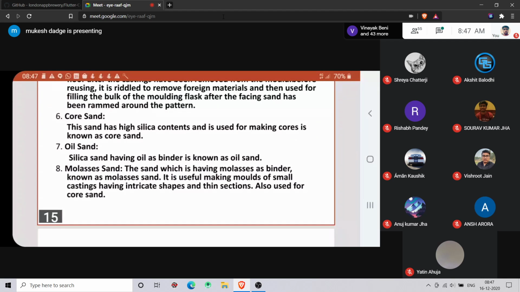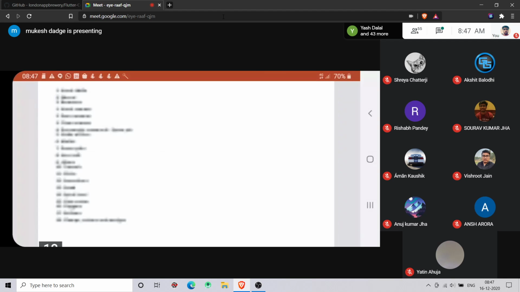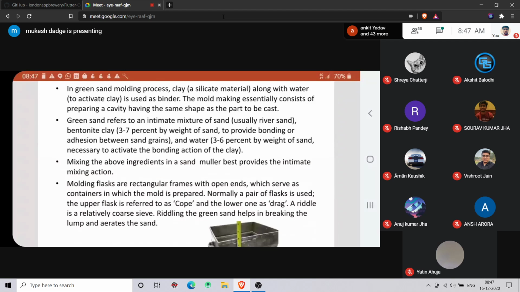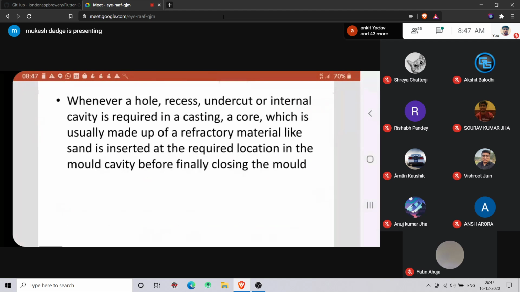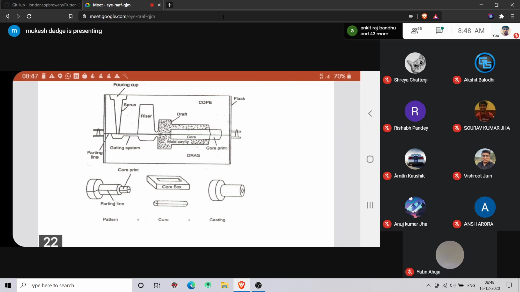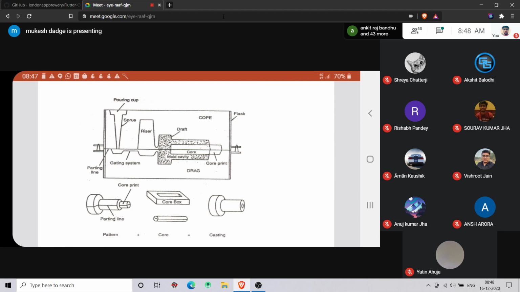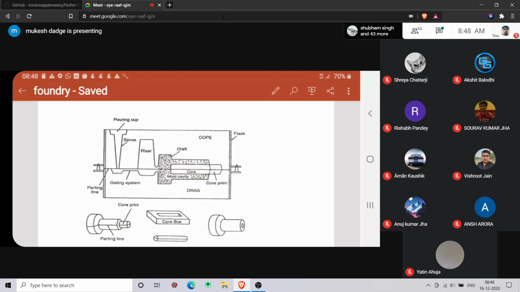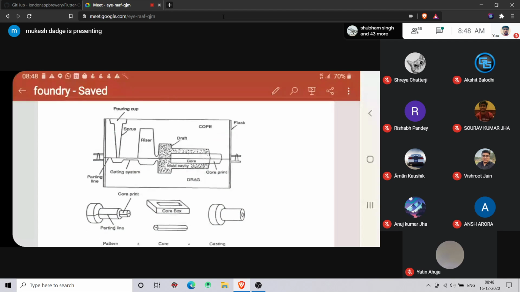Like core sand, right? Core is made to make holes in your existing casting. I will show you what is meant by core. If you see here, this is your final casting product.